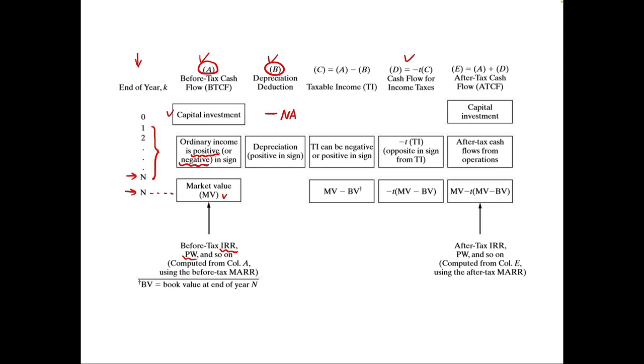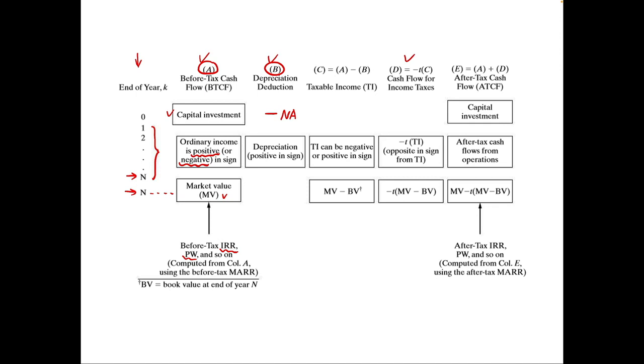And from year 1 to year N, you're going to have depreciation every year. The depreciation depends on what kind of property you have, what class it is, the recovery rate, and what the book value is.